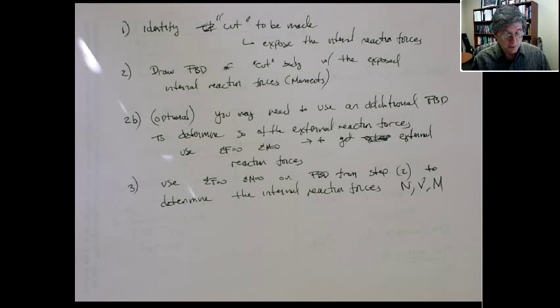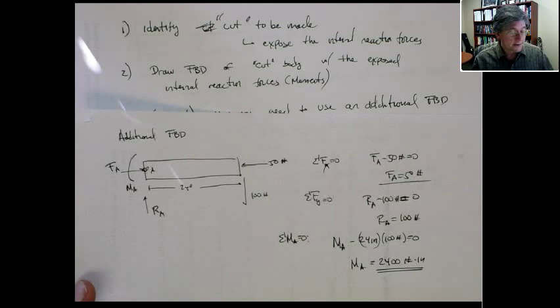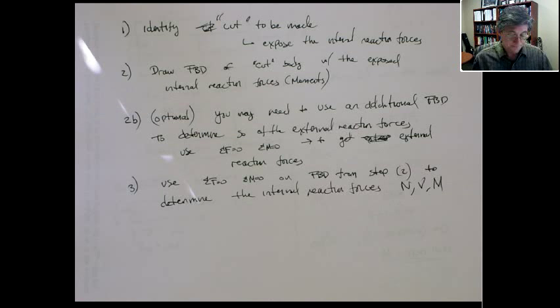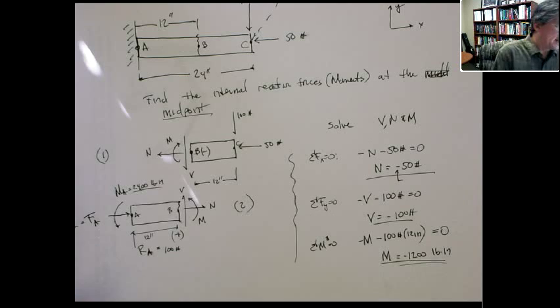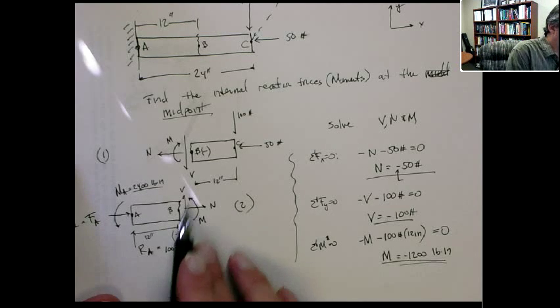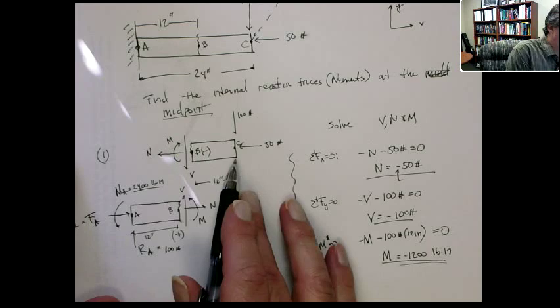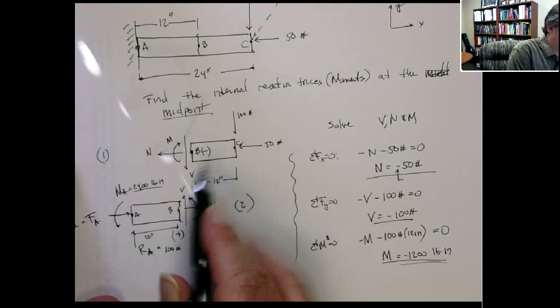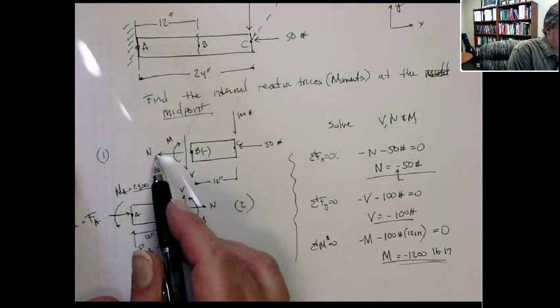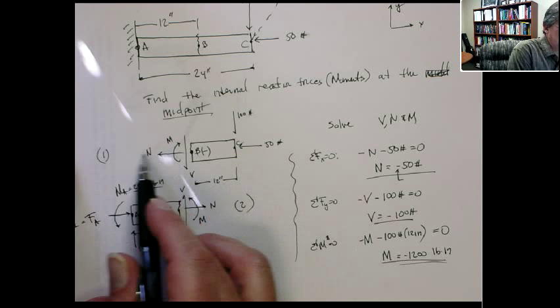So, for example, if you draw your free body diagram and you call N equal to 50, it's incorrect, because N equal to 50 means that N is going in this direction.